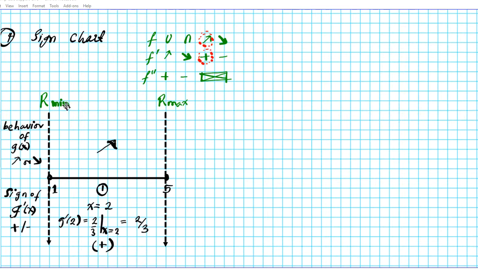So what more do we know about these two endpoints? Since this function is strictly increasing from 1 to 5, and it's a polynomial function which is continuous, there are no discontinuities there, we can use the extreme value theorem to arrive at a conclusion.